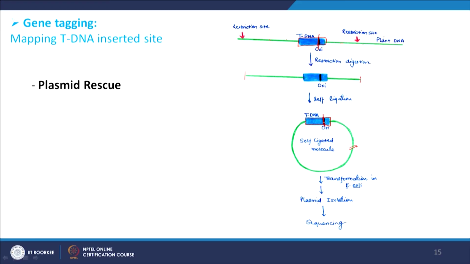Since you have an origin of replication, this is a kind of plasmid. You transform it into E. coli bacteria, and in bacteria it can propagate. Extract the plasmid and sequence using a tDNA specific primer, and then you can identify the sequences which are just flanking the tDNA, and you can identify the locus of integration.